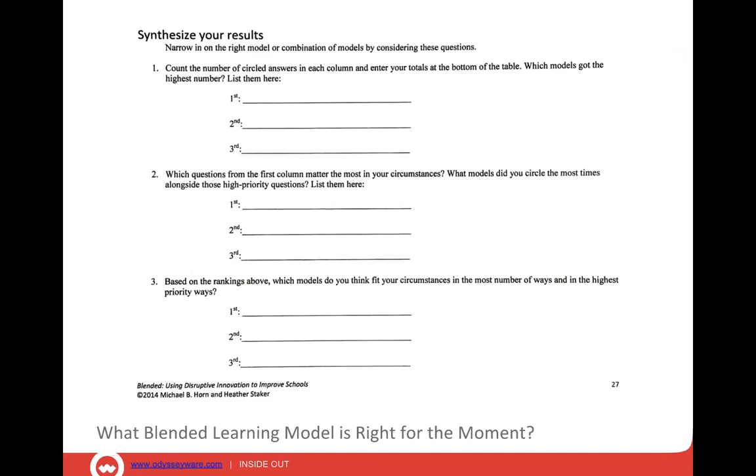And that second page is where you as the educator synthesize the results that you got from looking at the matrix. We can talk about some of the fears around blended learning and using online instructional tools. A lot of times teachers feel that they will be replaced in this kind of model, when online learning is propagated.